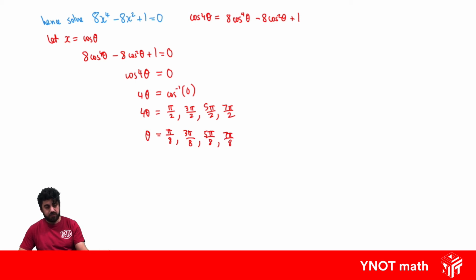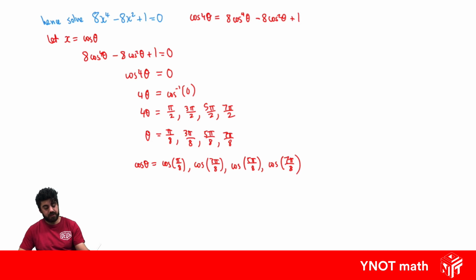But we're not interested in solving for theta. We need to solve for x. So if we take the cos of everything, we'll have cos theta equals cos of pi over 8, cos 3 pi over 8, cos 5 pi over 8, and the cos of 7 pi over 8.